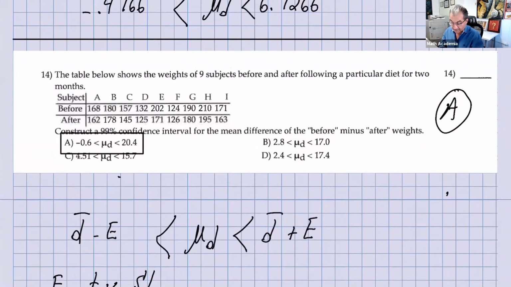Number 4 is the same type of problem. Here you are given the data. The table below shows the weights of 9 subjects before and after following a particular diet for 2 months. So you have the table. Construct a 99% confidence interval for the mean difference of the before minus after weights.